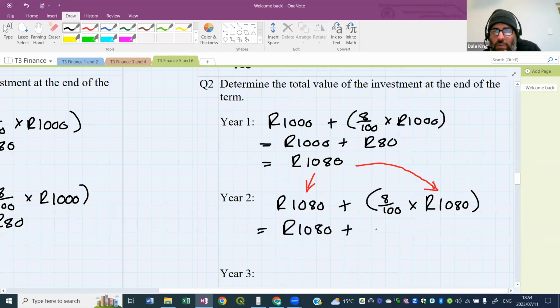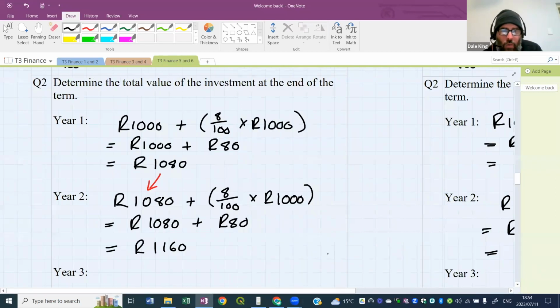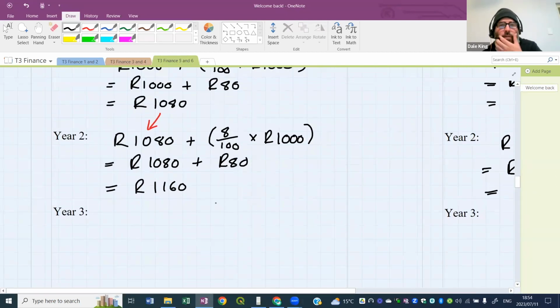That'll give us a new amount, right? But this value here was 86 Rand 40. Okay, which is different to this. You see? All right. So now I'm going to add that, and you saw that the new value is now 1,166.4.